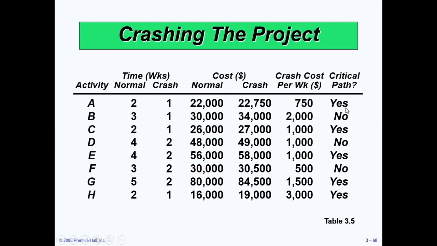So we identified the critical activities here. Activity A is a critical activity, activity C is a critical activity, and activities E, G, and H were the critical activities, if you remember. If you don't remember that, please go to the critical path method in our previous lecture.